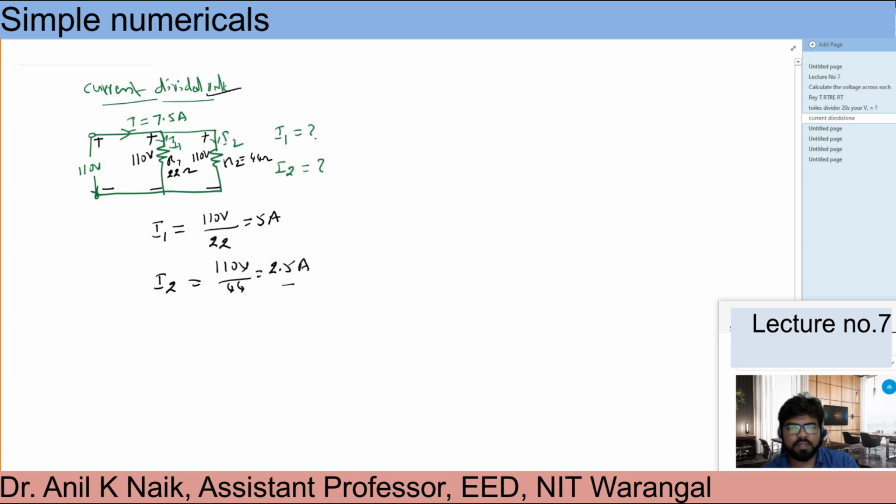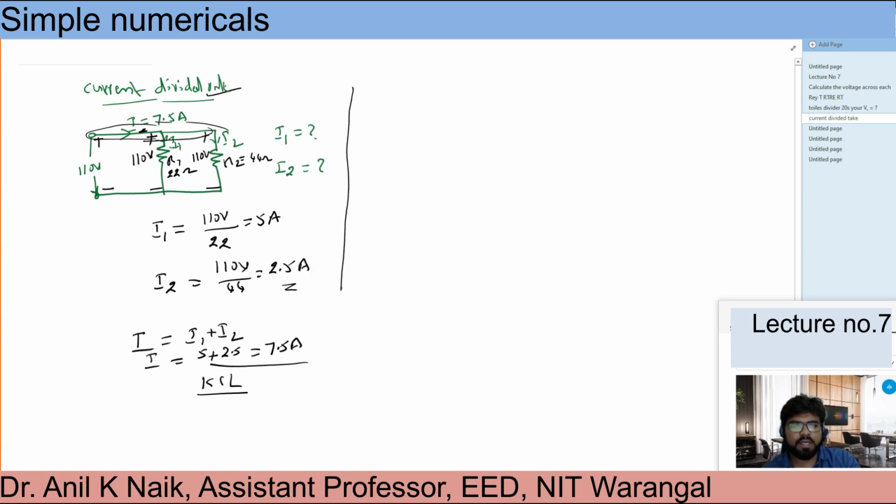Now I is nothing but I1 plus I2, so 5 plus 2.5 gives 7.5 amperes. This also verifies KCL at this node.